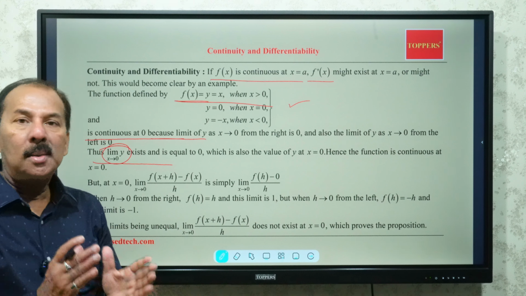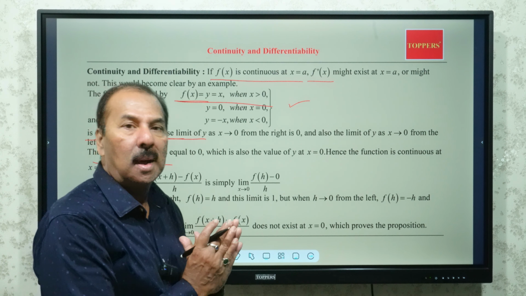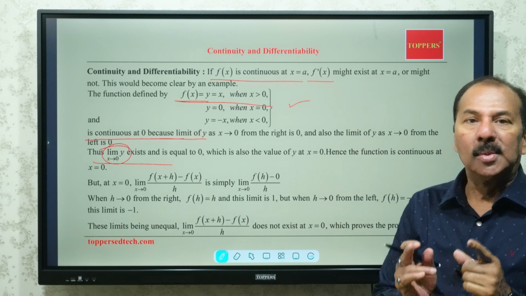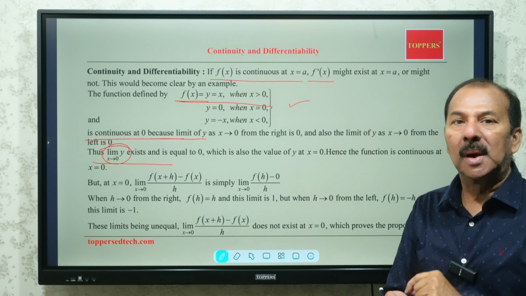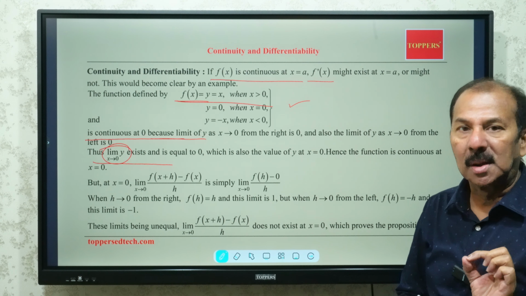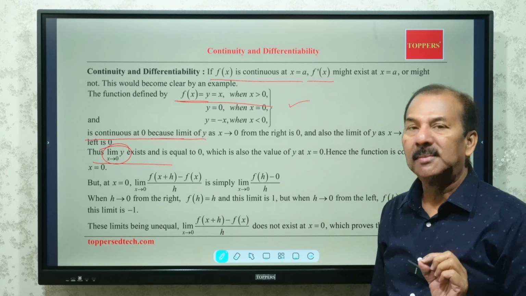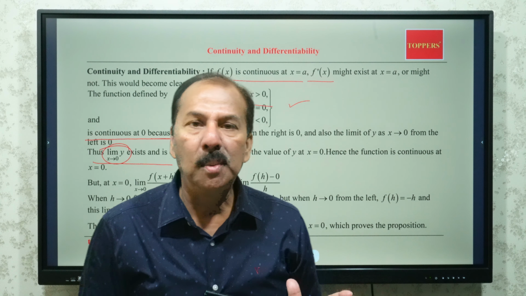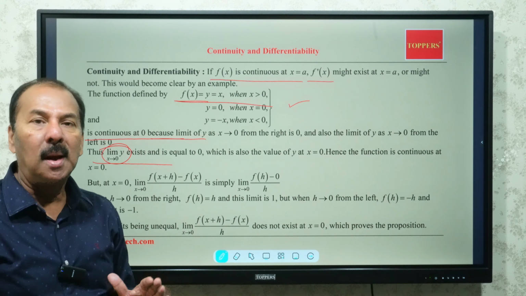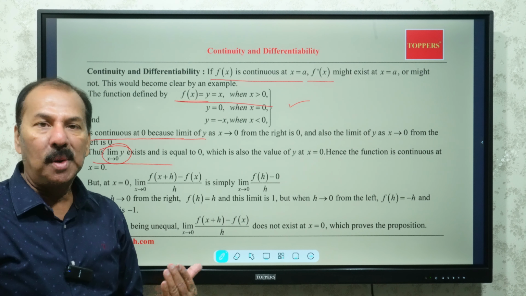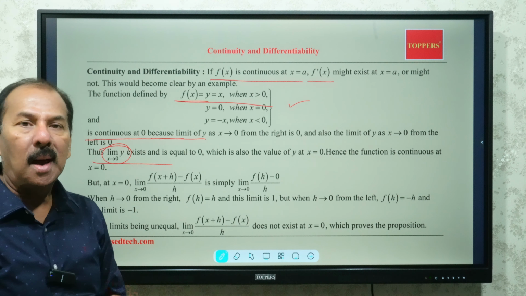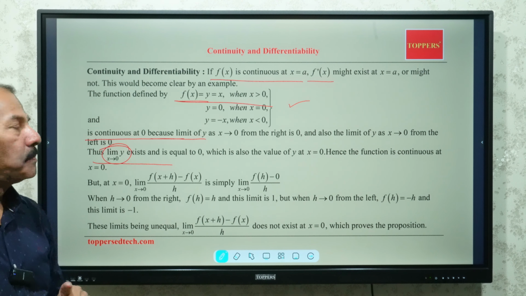That means the left hand limit exists, the right hand limit exists, they are equal, and that is equal to the value of the function at that point. So that is the condition for continuity of a function. We say that the function f of x is continuous only when the left hand limit and right hand limit exist and are equal, and that limiting value is equal to the value of the function at that point.